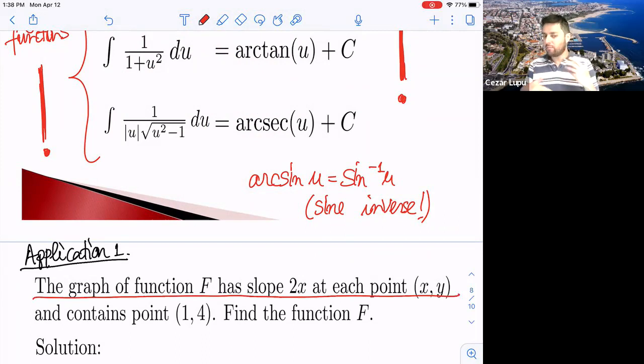So how can you interpret this? The graph of a function F has slope 2x at each point. So this means that what? The slope of the tangent line at each point is what? Do you remember that?